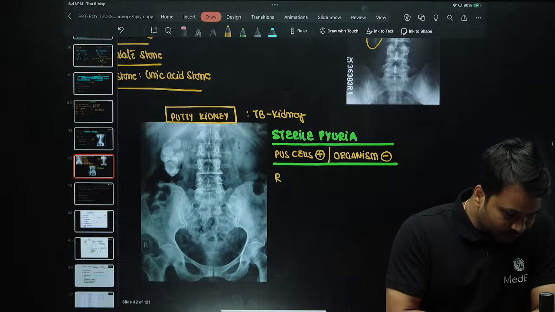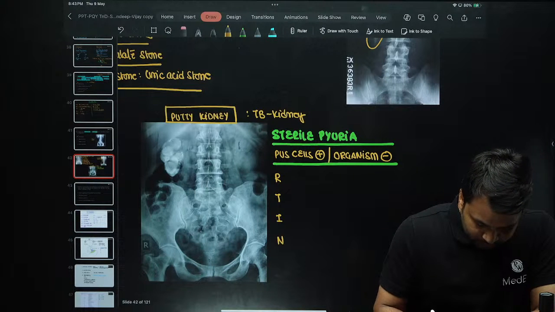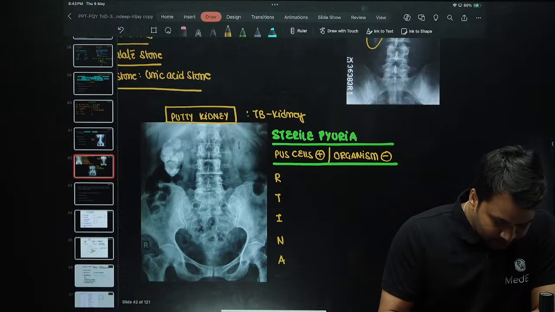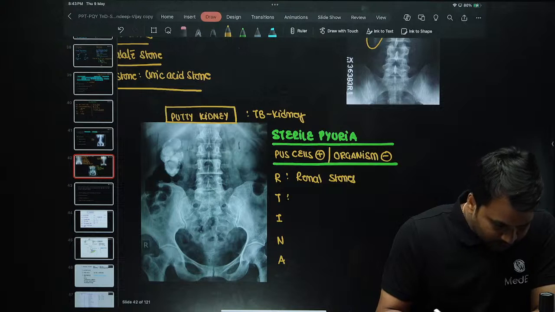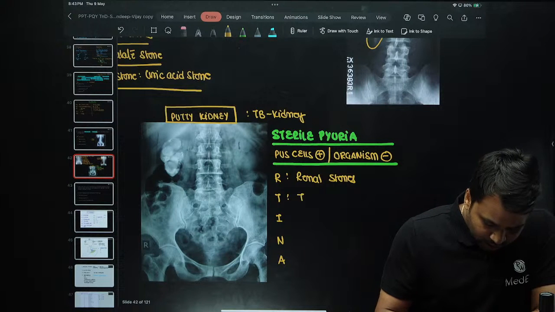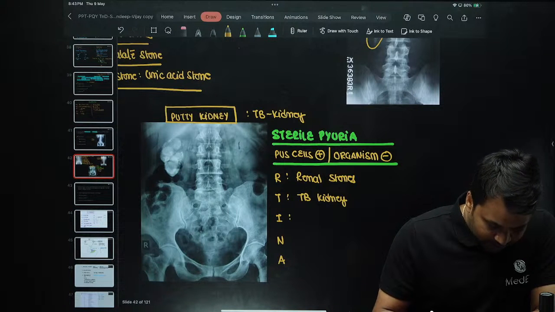It is referred to by a small mnemonic, that is RTINA. R stands for renal stones. T stands for tubercular kidney, that is TB kidney. I stands for incompletely treated UTI.